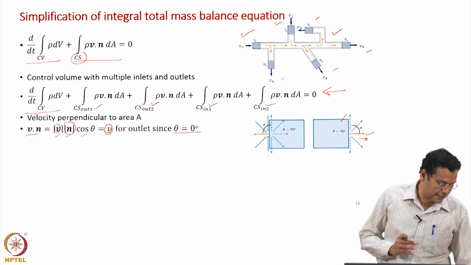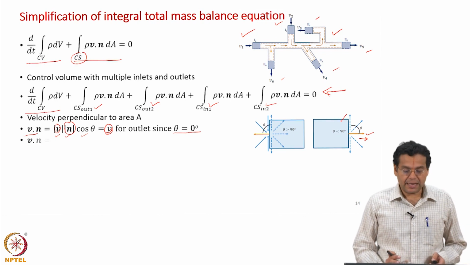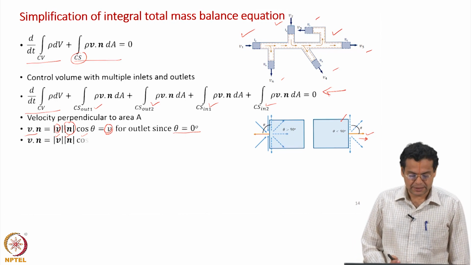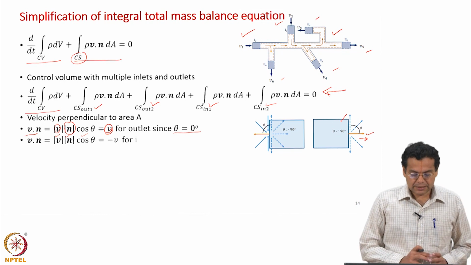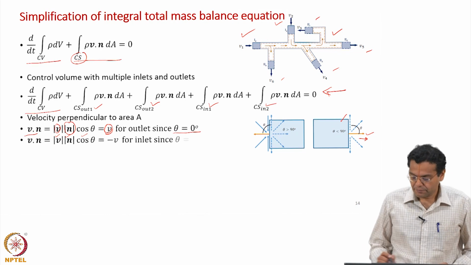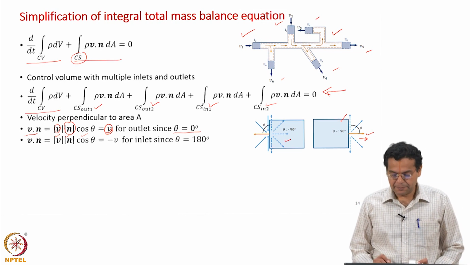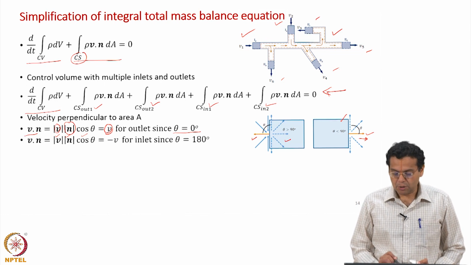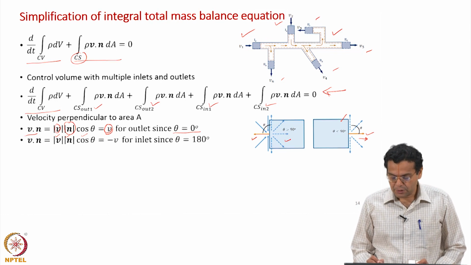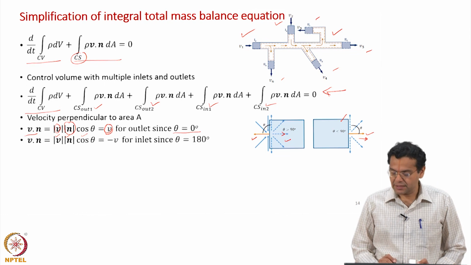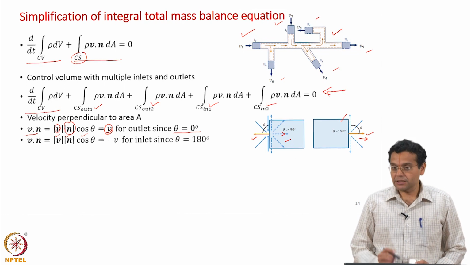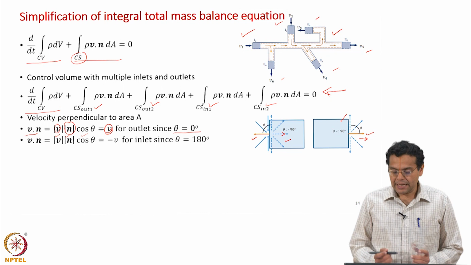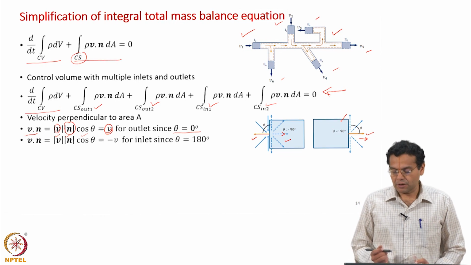Now, if you take the inlets, we have 2 inlets in this case, what happens? If you look at this diagram, this is the outward normal, and this is the velocity vector. The velocity vector is perpendicular to the face, but n and the velocity vector are opposite each other.